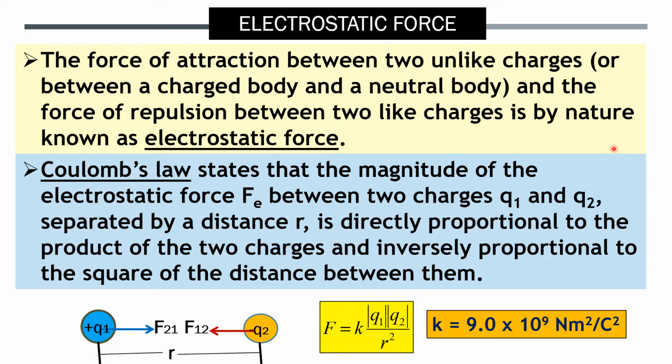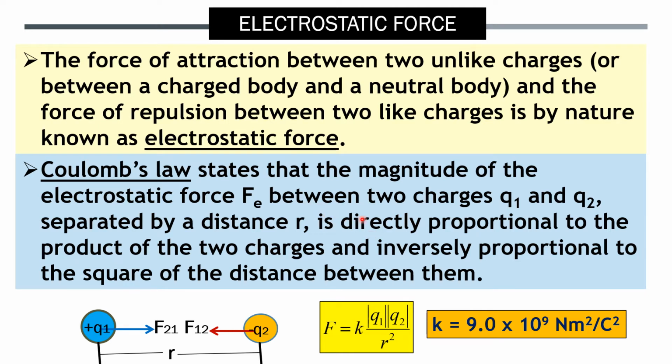It states that the magnitude of the electrostatic force, more commonly labeled as F sub E, meaning electrostatic force, that exists between two charges Q1 and Q2, which are separated by a distance labeled small r, as shown in our illustration down below here.